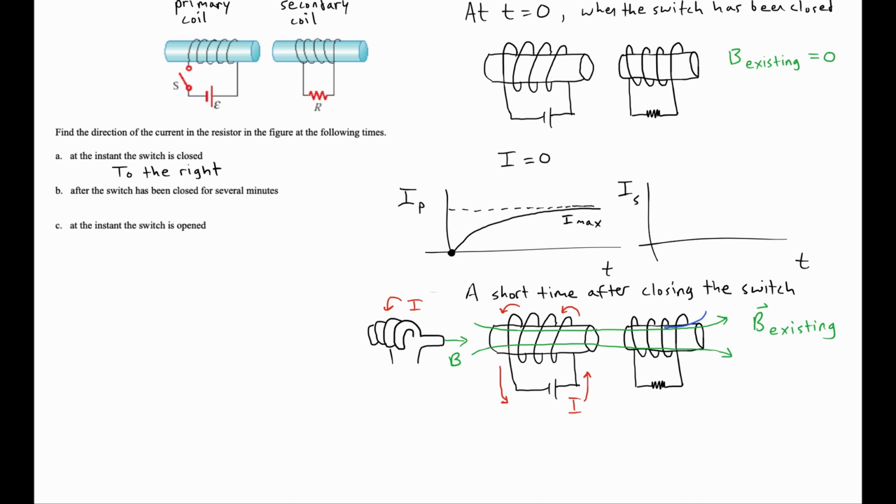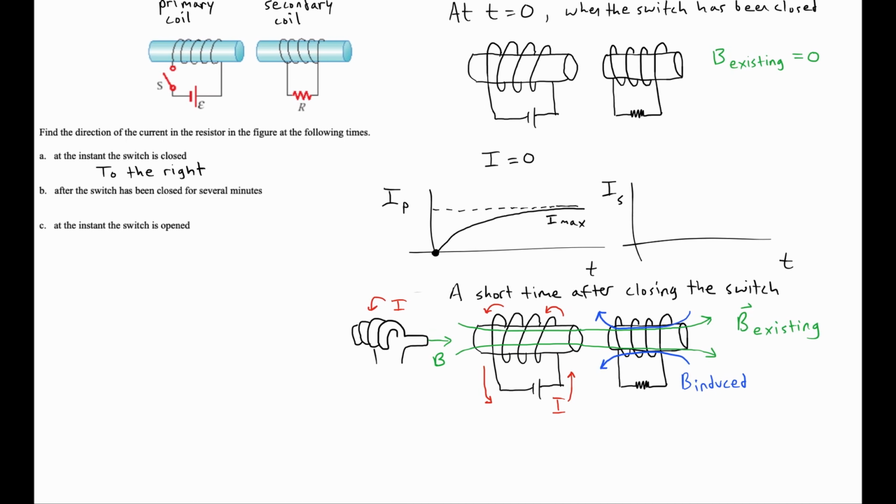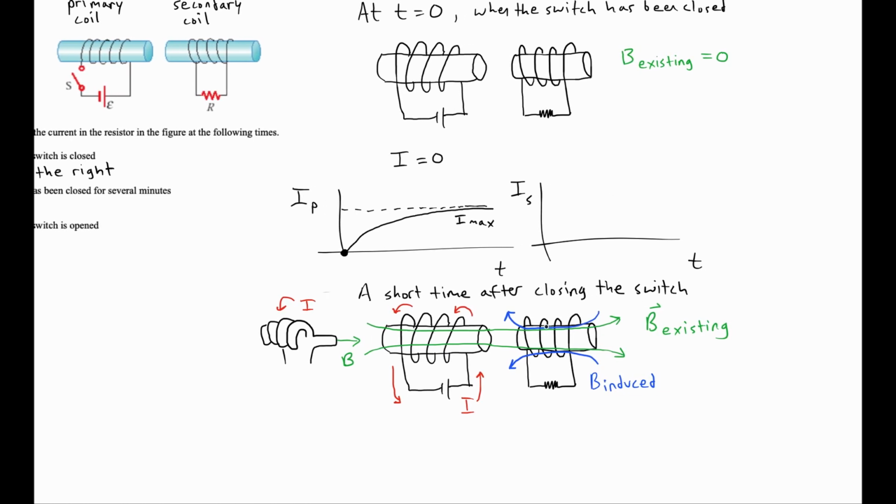So we'll have an induced magnetic field going the opposite way through that coil. That'll be B induced. Now we'll just want to use the right-hand rule one more time on our secondary coil. Point the thumb of the right hand in the direction that the induced field is pointing.